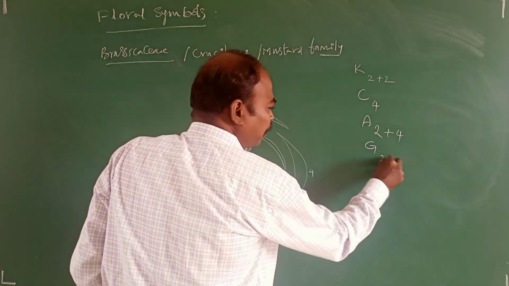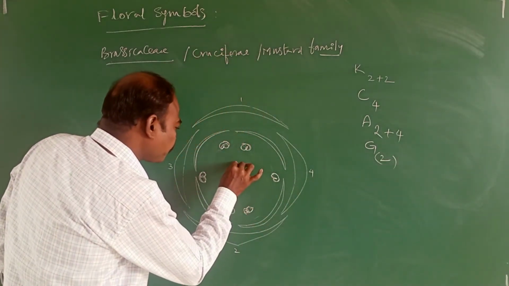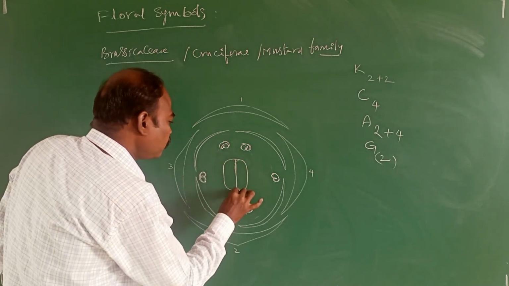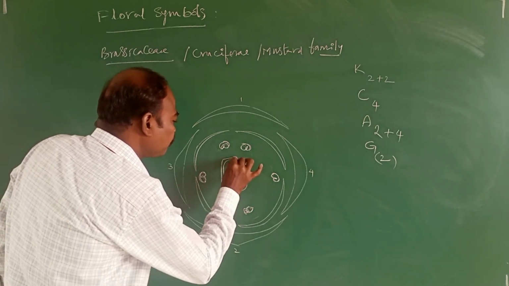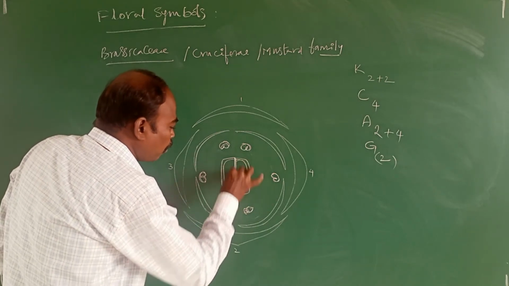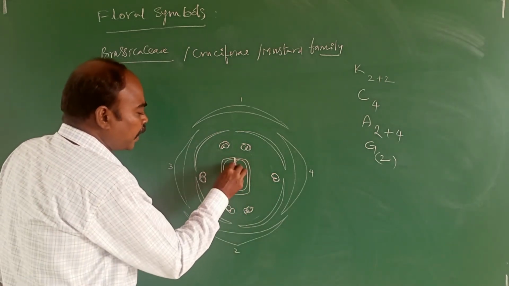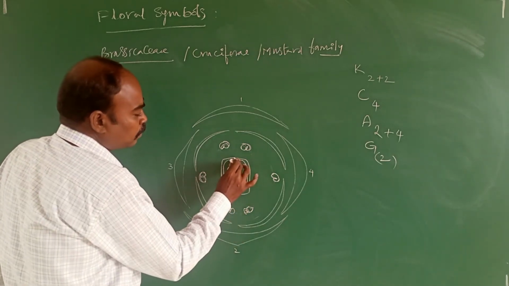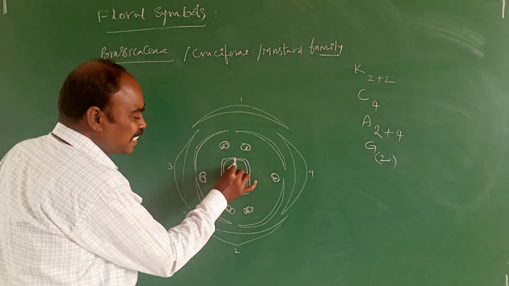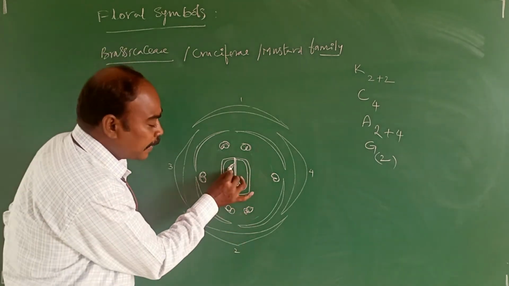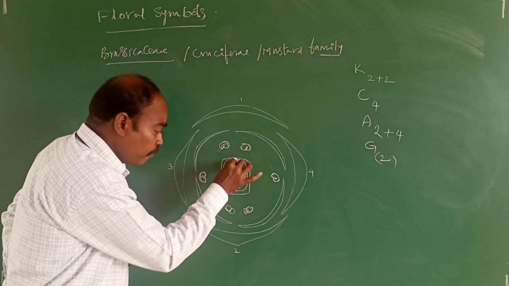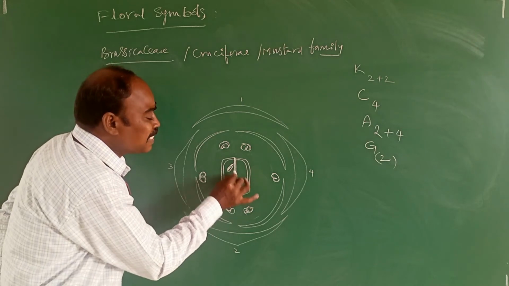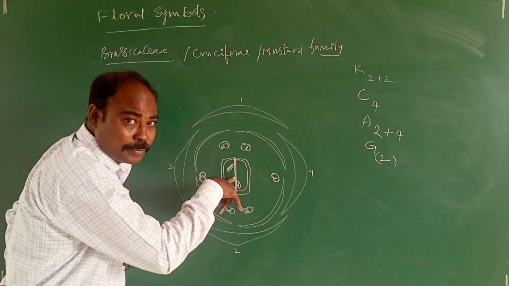Gynoecium, 2 carpels fused. False septa, parietal placentation. So placentation means what? The arrangement of ovules within the ovary on cushion-like tissue, the placenta, no? So placentation is also explained in the diagram.